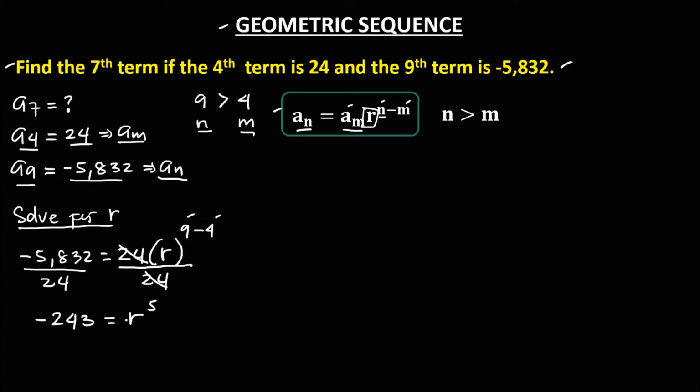Then to solve for r, since the exponent is 5, we need to take the fifth root of both sides, canceling the 5 and the root. So r is equal to the fifth root of negative 243.